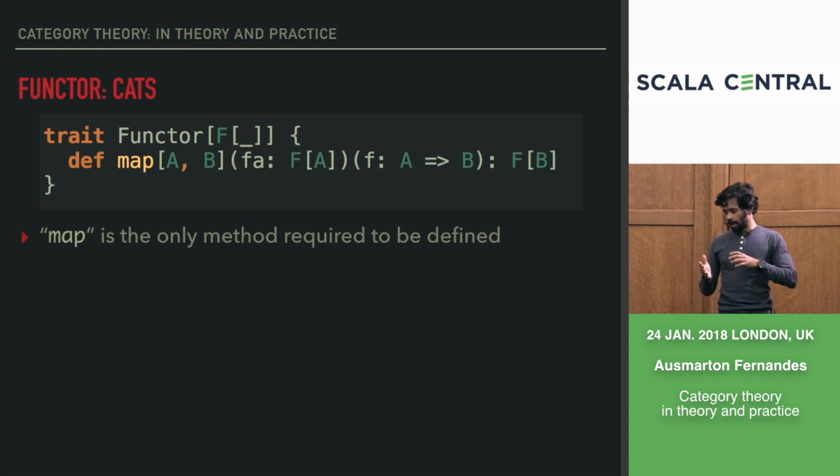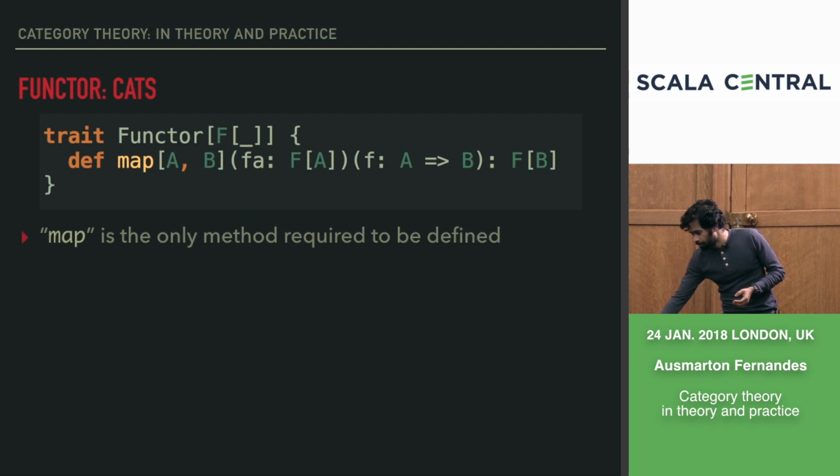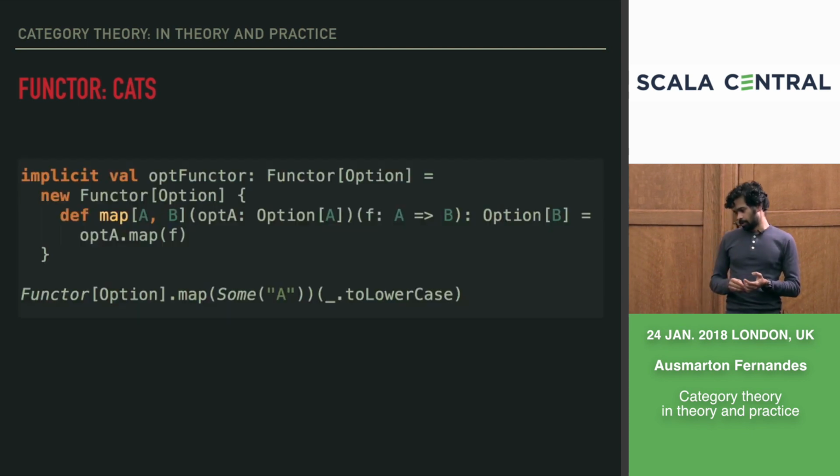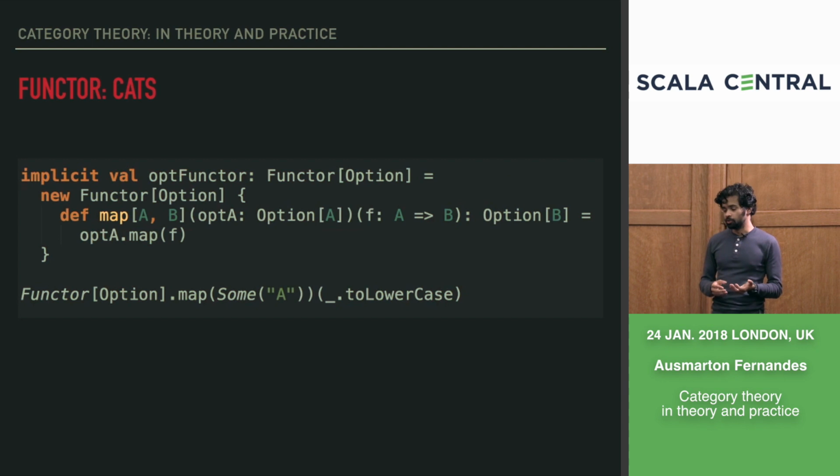So in this case, we do have a function which goes from A to B, and anything that chains onto this has to start from a B and then move on to a C or something else. This would be how we would use it in case of a functor, and as we can see, this is probably a very trivial example. We don't really need to do this in Scala.